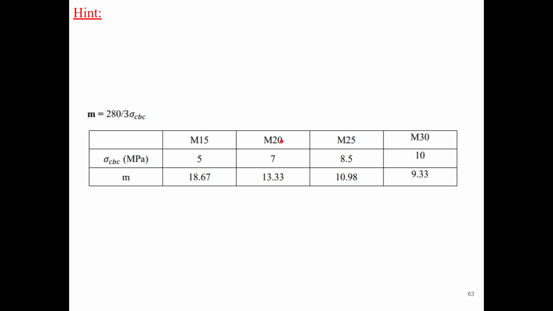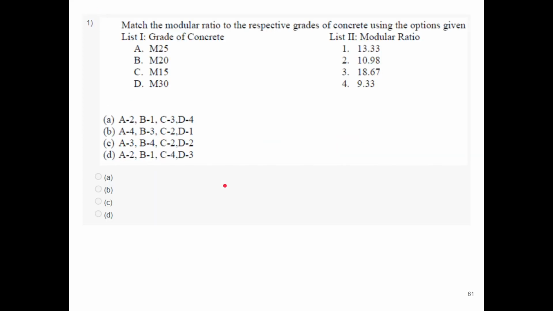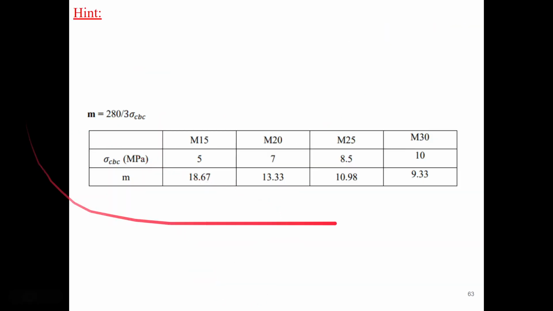So M15 is 18.67. The other values follow: M25 will be 10.98, M20 will be 13.33, and M30 will be 9.33. So A is the correct option, and this is the hint.